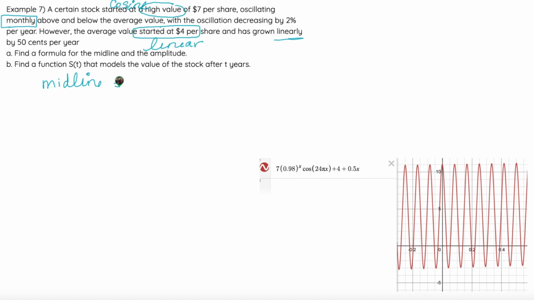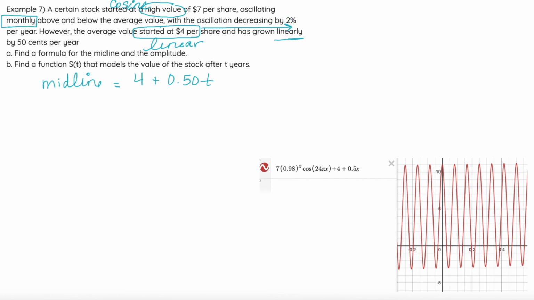We know that we started at $4 per share, and that to that we're adding 50 cents per year. But it's oscillating above and below this average, decreasing by an exponential function itself.